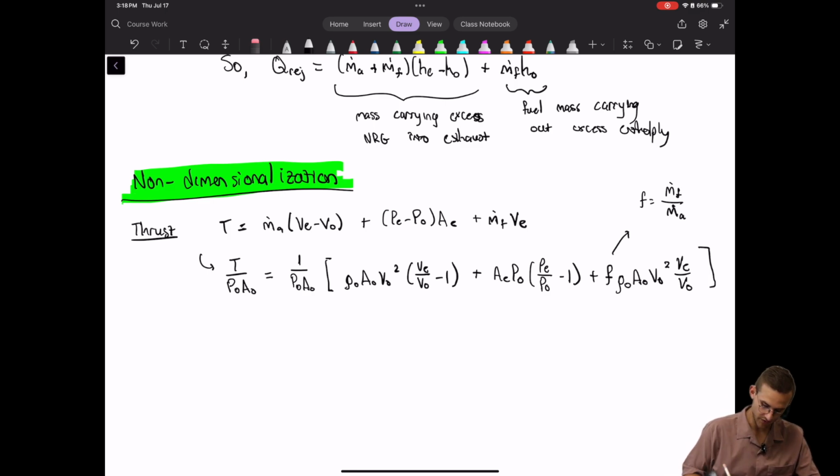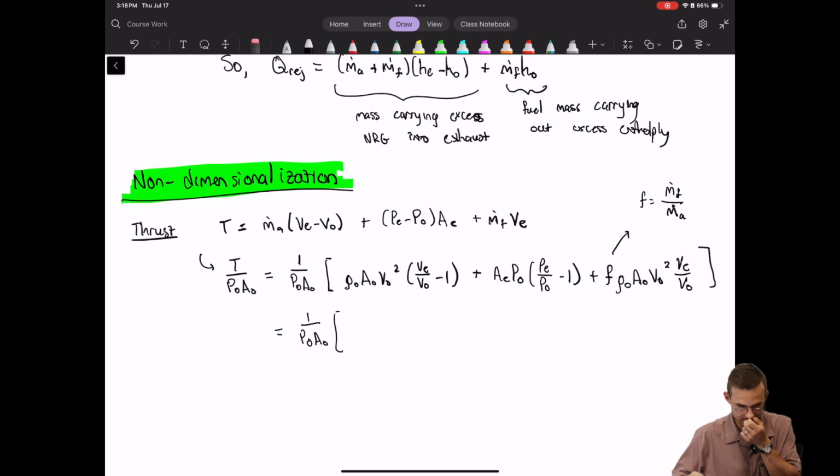Okay, then we'll bring in the ideal gas law equation of state, believe it or not, to deal with the density.